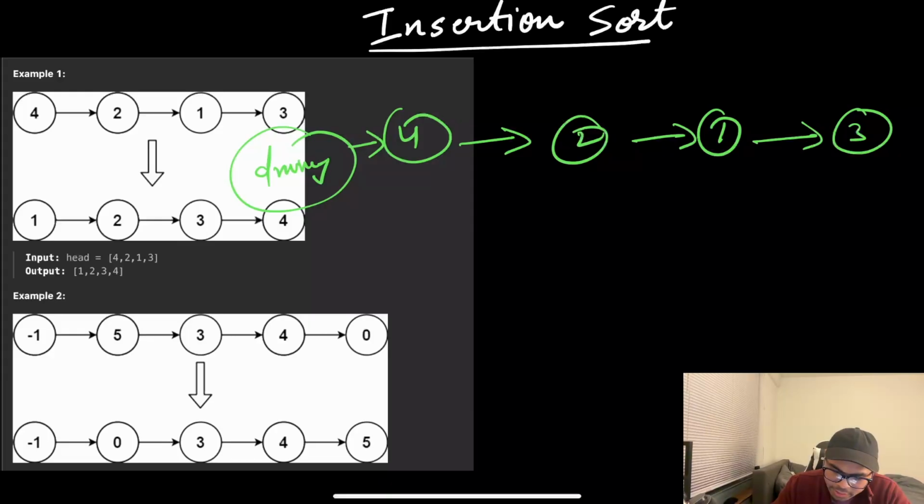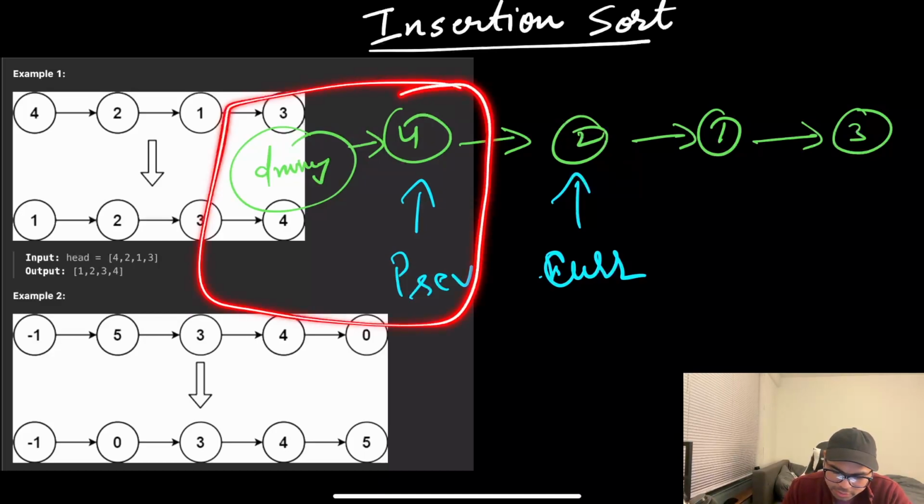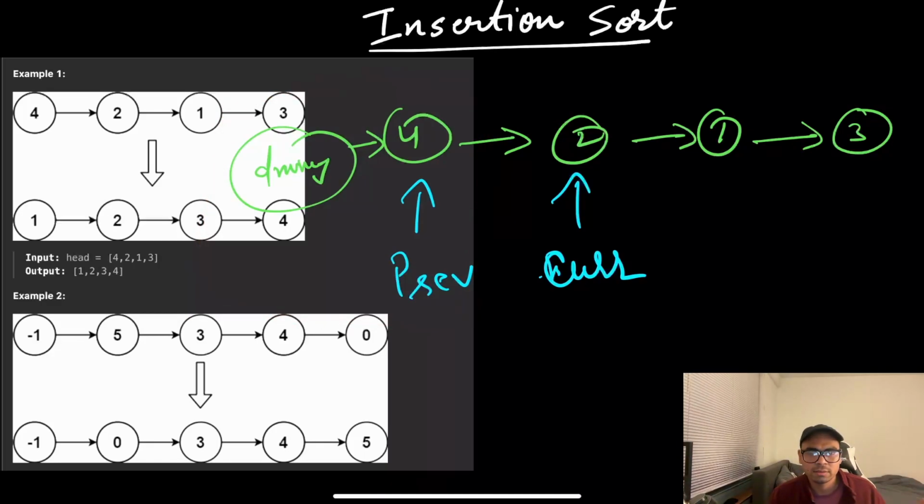This is our head, and we're going to have something called prev and something called cur. So far this is our sorted part of the list, because it's just one element. Dummy is just to make it handy, so that when we return the answer we can always return dummy.next.